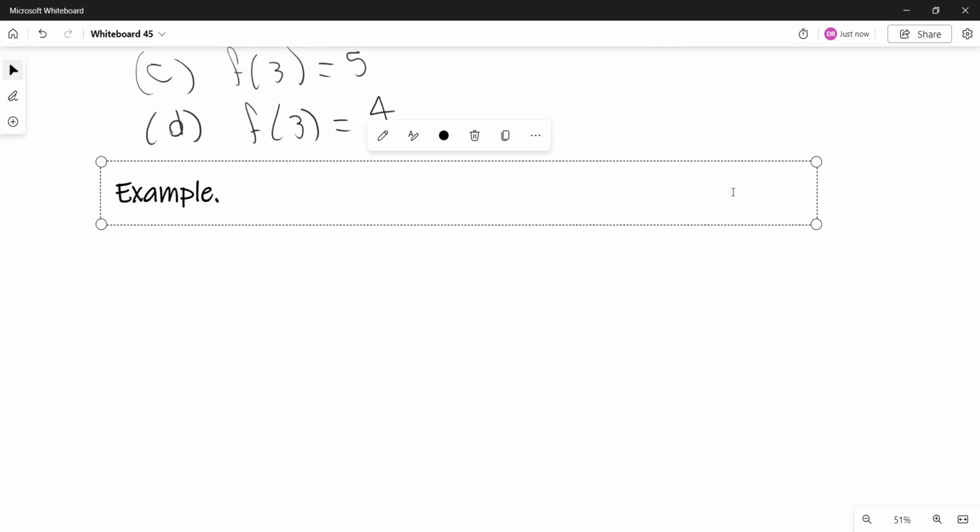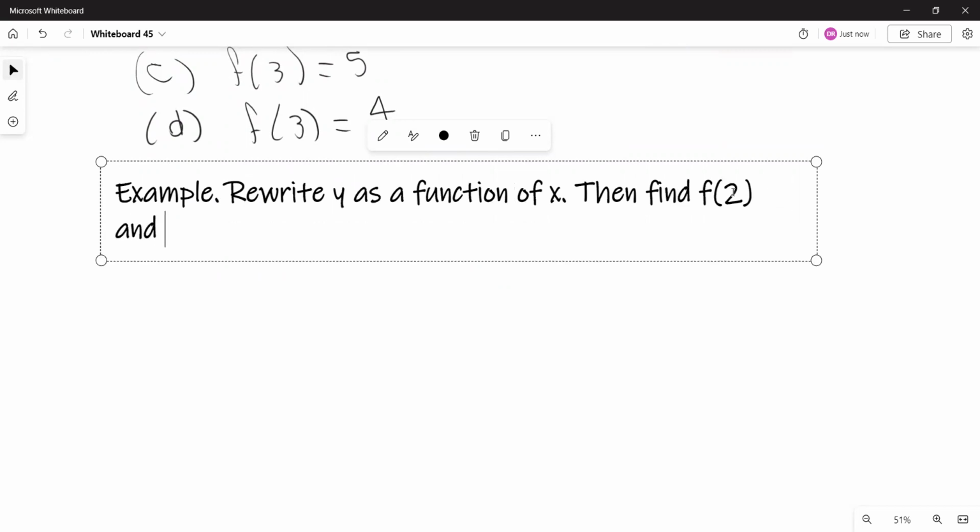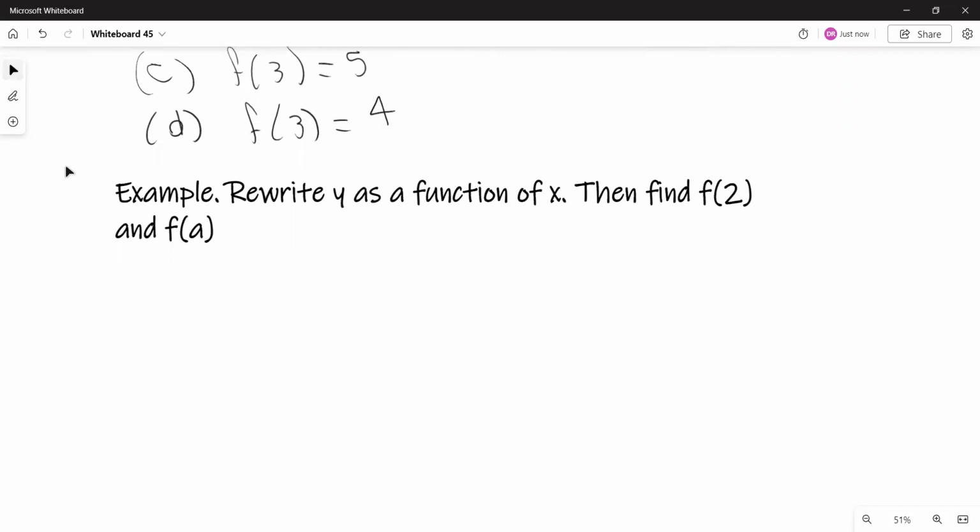We are going to rewrite y as a function of x. Then, once we do that, we're going to find f of 2 and f of a. The first equation is 2x plus y equals 5.